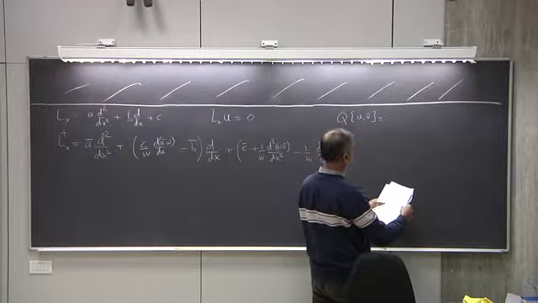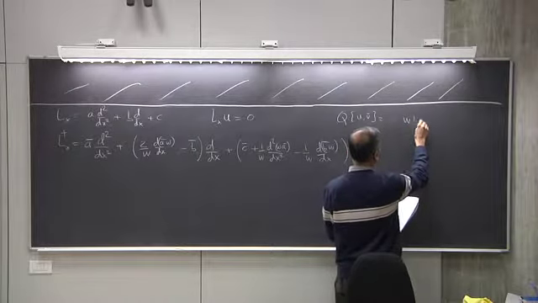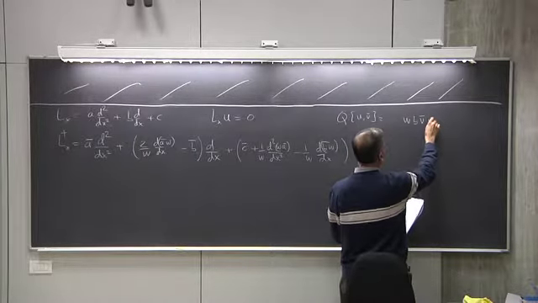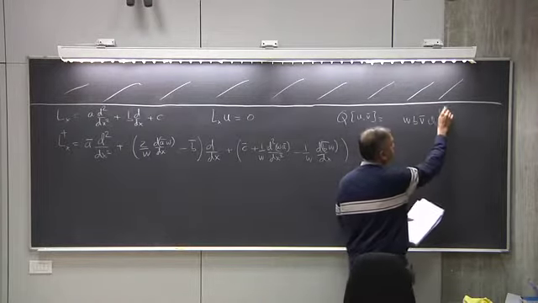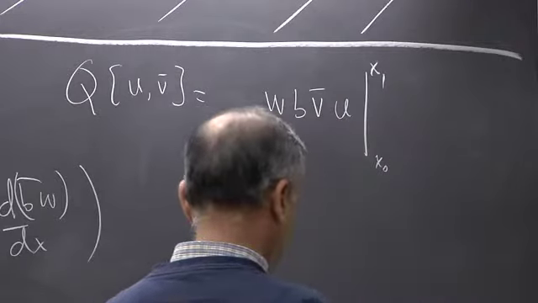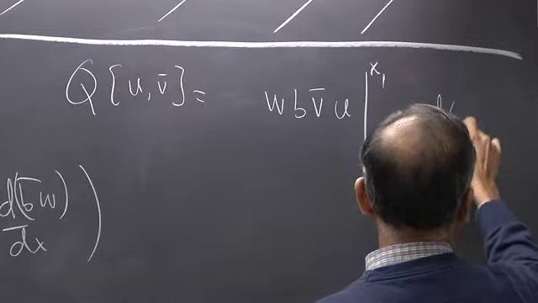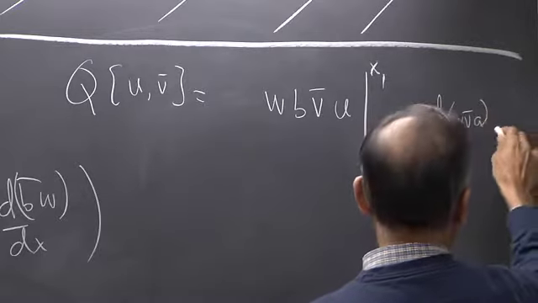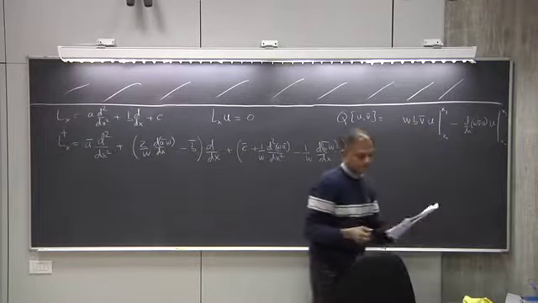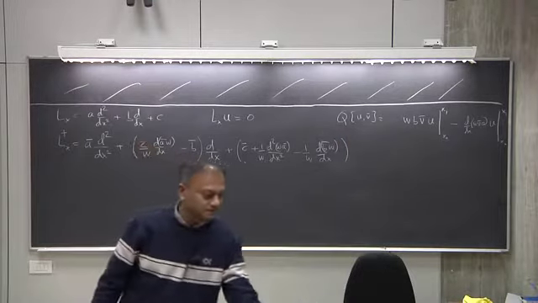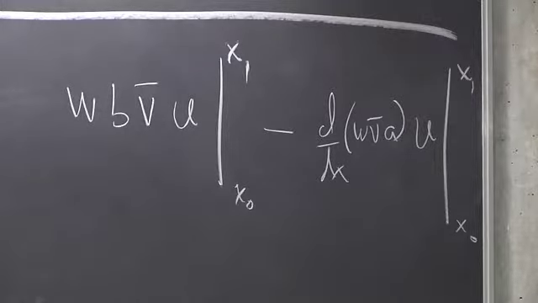So it was w b bar u, all of this evaluated between x1 and x0. I will just write it like this: x1 and x0. And then there was minus d/dx acting on w v bar a times u, all of this evaluated between x1 and x0. This was the expression. Thank you.